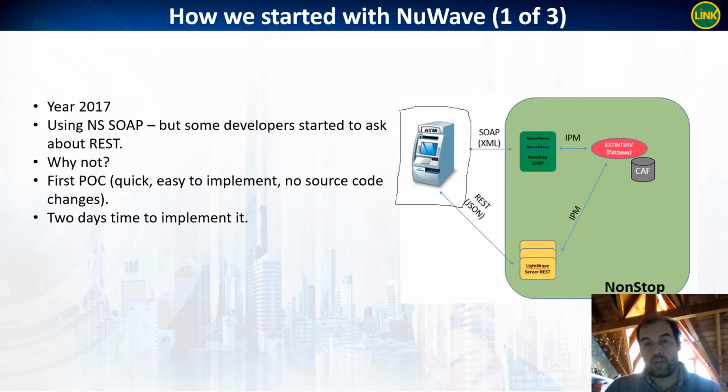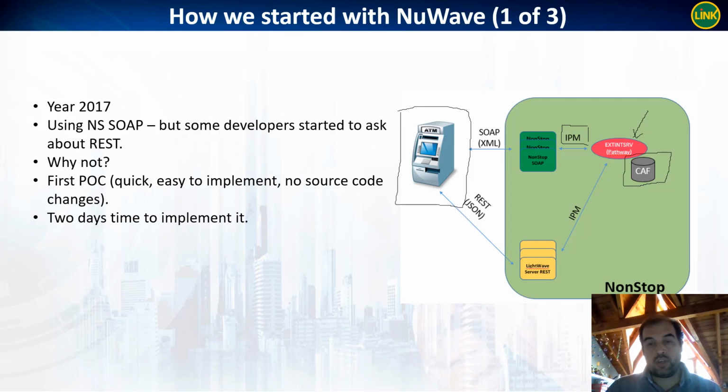One of those services needed to access information that was stored on a very important file of Base24 called the cardholder account file. So we developed a pathway server that is going to be used for retrieving information from there. We decided on an interprocess message, a very simple structure, for the communication with NonStop SOAP, which was the middleware at that point, to expose that information as a web service.